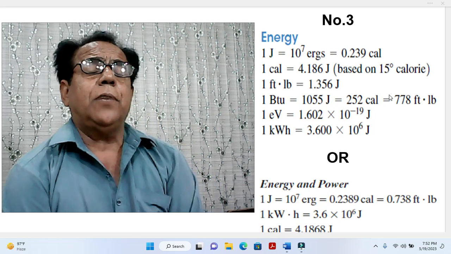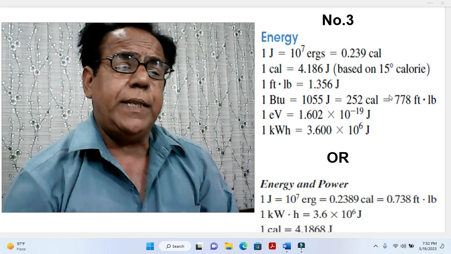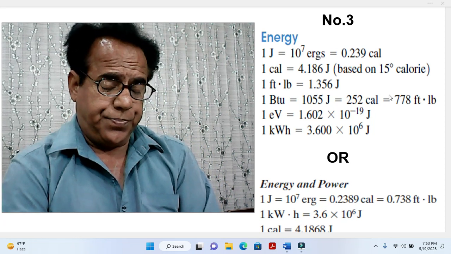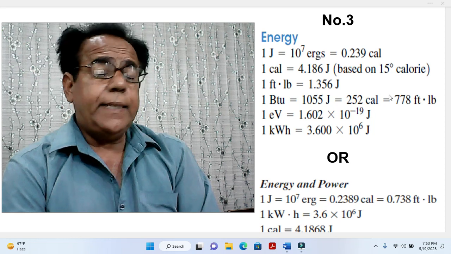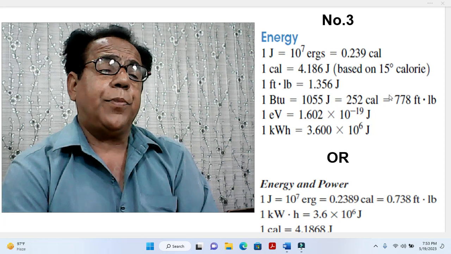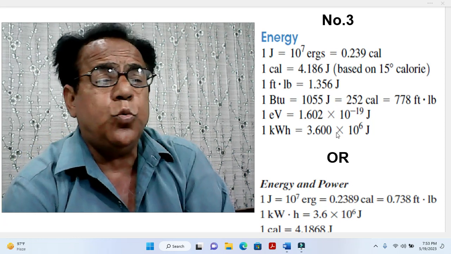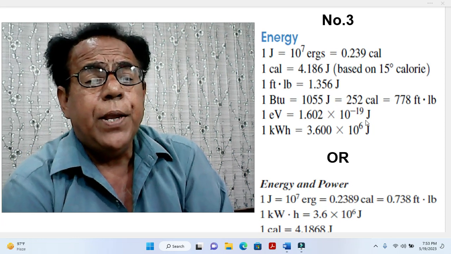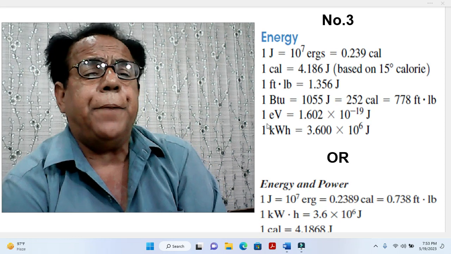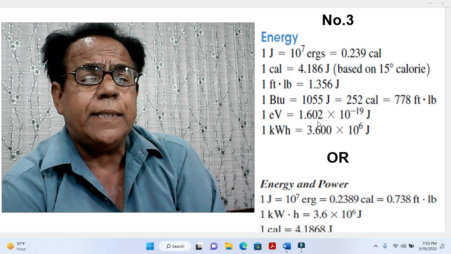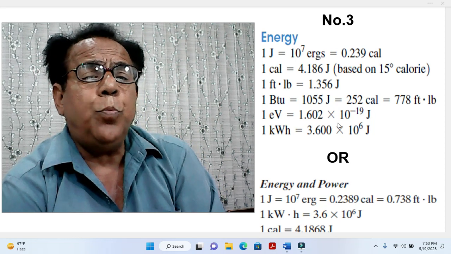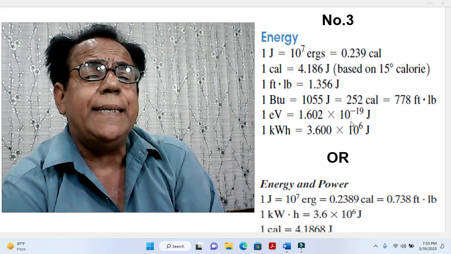This conversion factor will not be used in this way. Rather, it will be used in this way: 1 joule will be equal to 1 divided by 1.602 into 10 to power plus 19.